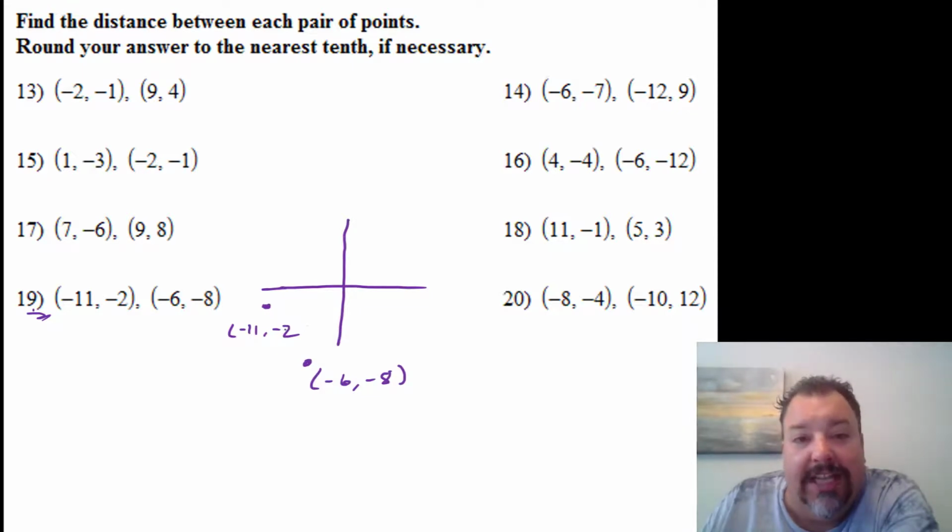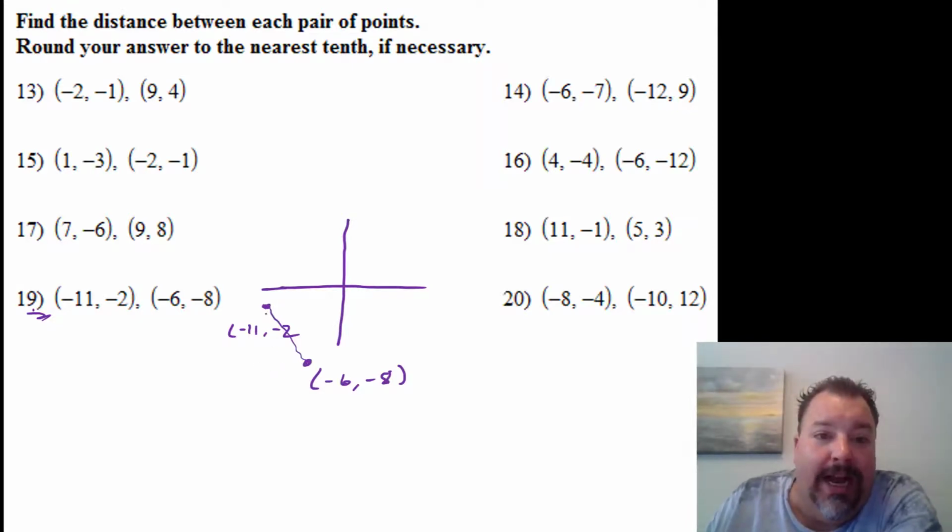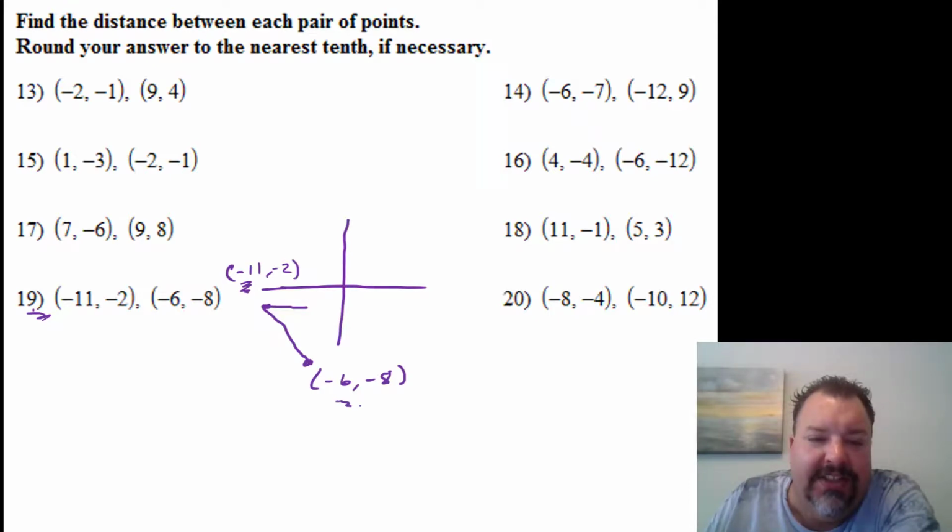Okay, just drawing a sketch like this, even if you don't draw the whole system and all the little marks, might help you to find it. Now we want to find this distance here. So I have to think of this as a triangle. Let me move this guy over here. Let me put the coordinates up here at the top. -11, -2. So I want to find this distance. And I can think, okay, how far over do I have to go? Well, to go over, I'm going from -11 to -6.